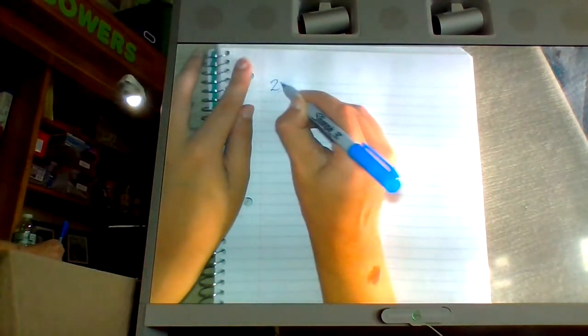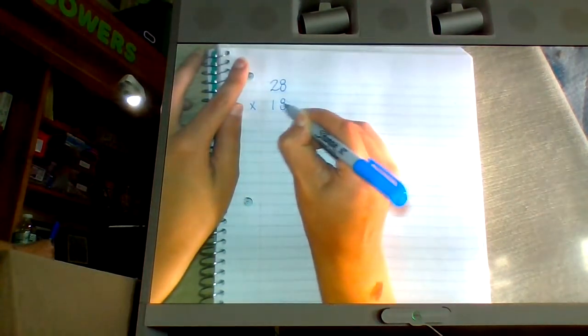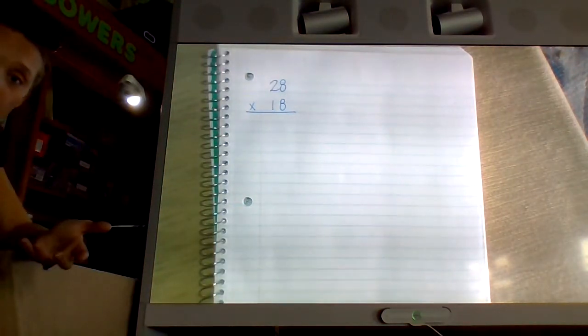Okay, so on Friday, we multiplied using a standard algorithm. What that means is you took two factors and you multiplied the place values. So let's say, for example, the problem was 18 groups of 28. Well, that was solving using a standard algorithm.